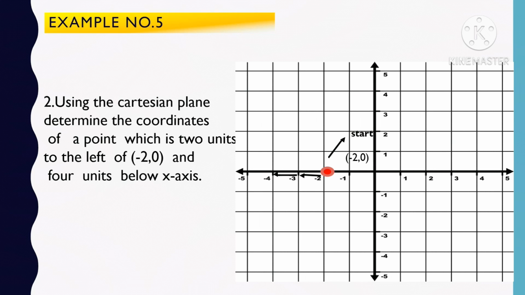And 4 units below x-axis. 1, 2, 3, 4. So, what's the coordinate of that terminal point? If you count, then you have negative 4, negative 2. The answer is negative 4, negative 2.